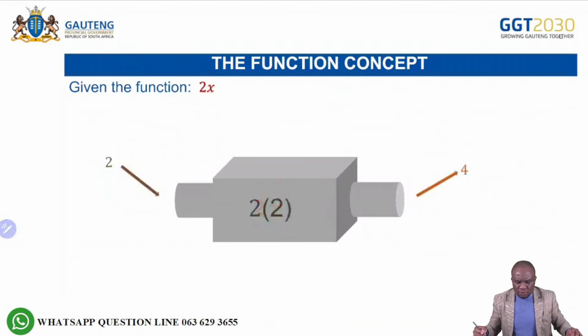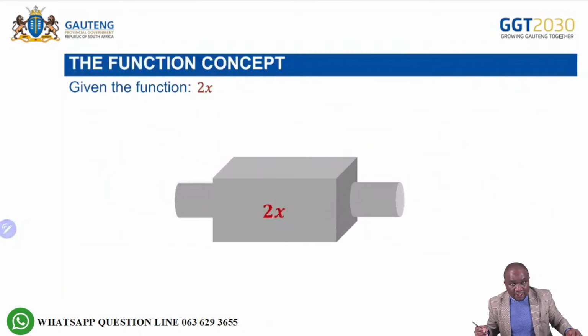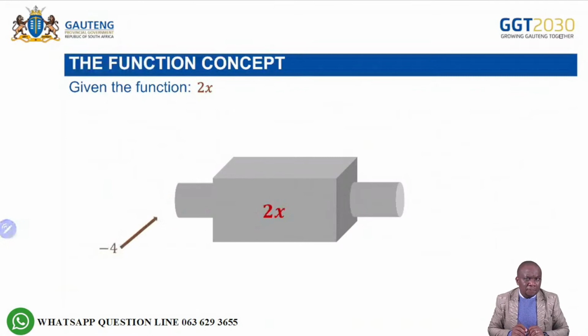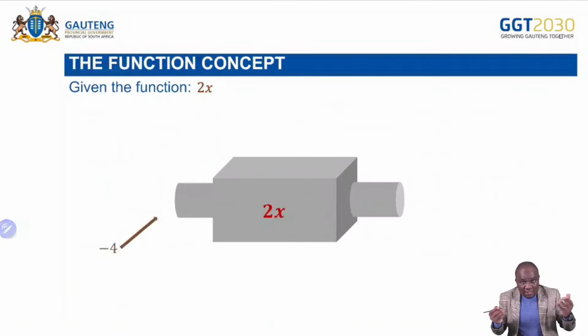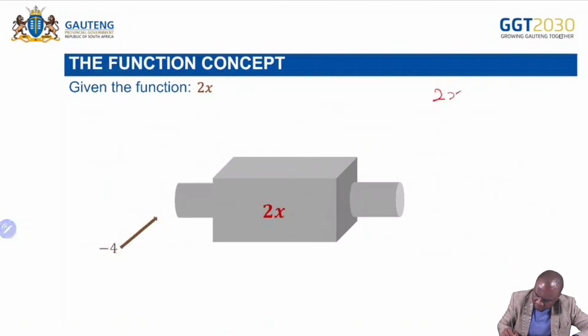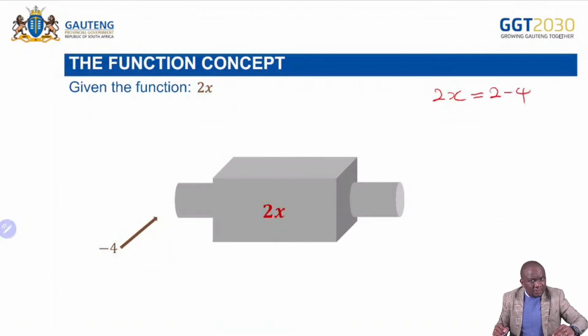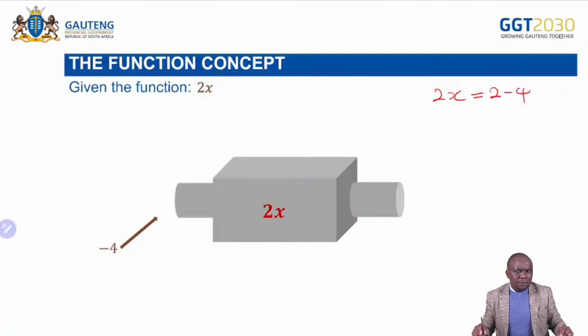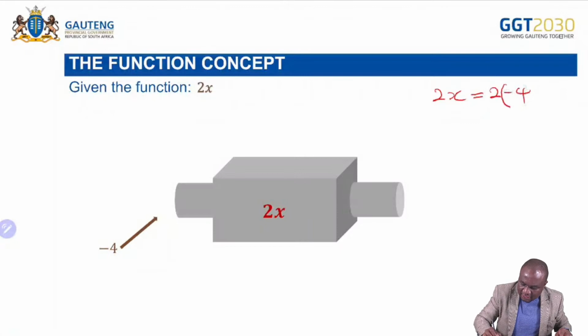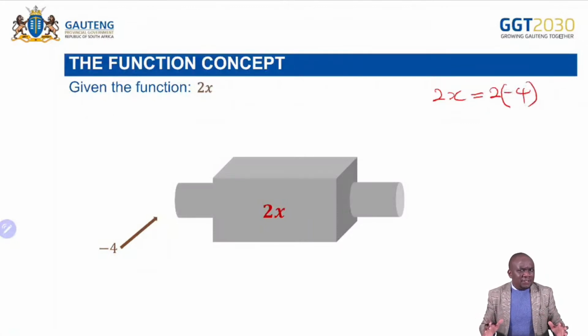Let me emphasize the use of brackets when I use this other value. Let's say the input value is -4. And then you decide not to use a bracket. You say 2x, and then someone says 2x, then I put -4, and you say this is like 2 minus 4. You see that? It's no longer the same. You've changed the operation now. It's now 2 minus 4 instead of 2 times -4. So every time you substitute, it must be in the bracket. See, now there's a total difference.